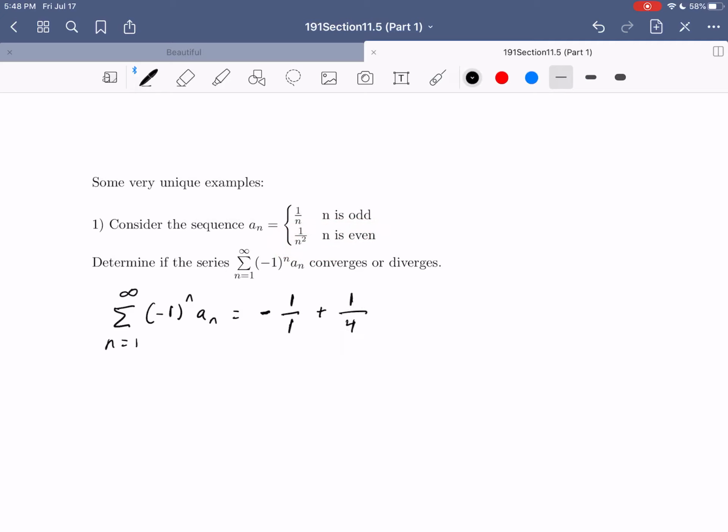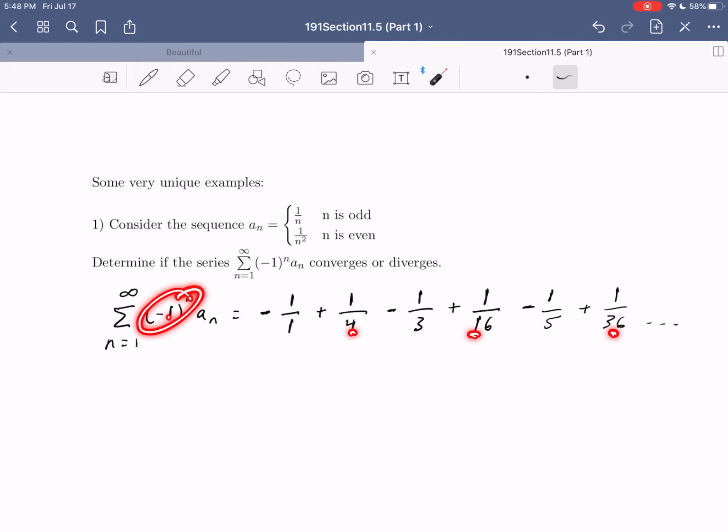Then we'd be on an odd, and we'd have minus 1 over 3. Then plus 1 over 16. Then minus 1 over 5. Then plus 1 over 36, etc. That's what this thing is actually doing, where you can see that the odd ones are all negative, because of course the minus 1 to the n will be negative, and they're all just based on 1 over n. And the even ones are all positive, because when this is even, this will be positive, and they're all based on 1 over n squared.